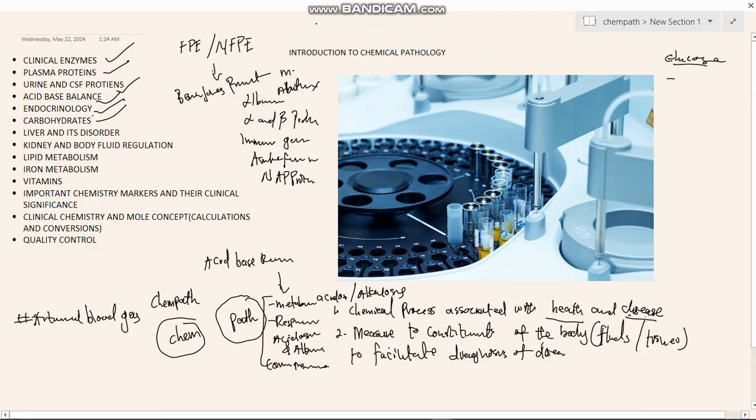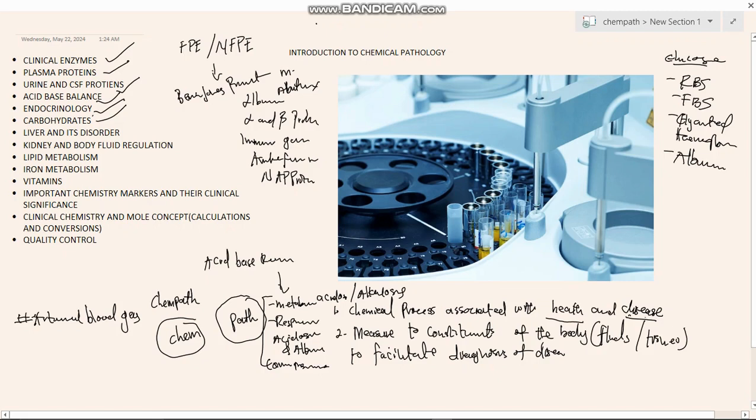So this is where we can talk about random blood sugar, fasting blood sugar, glycated hemoglobin, and glycated albumin as well.